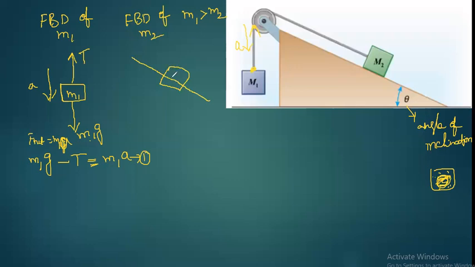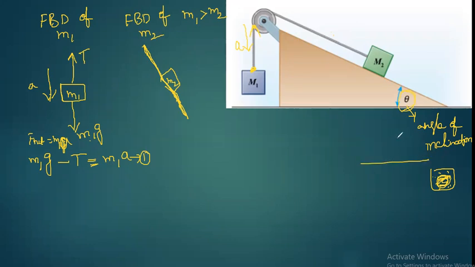In the same way I am drawing. This is our M2, right? Now here you observe, whenever it is an inclined plane, because of the angle of inclination there is a problem, but if it is horizontal, there will not be any problem.